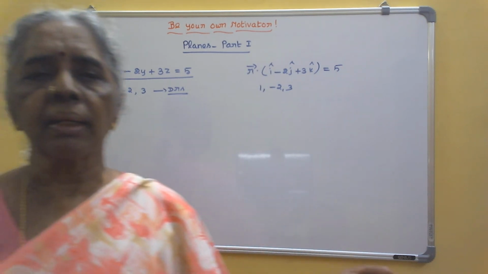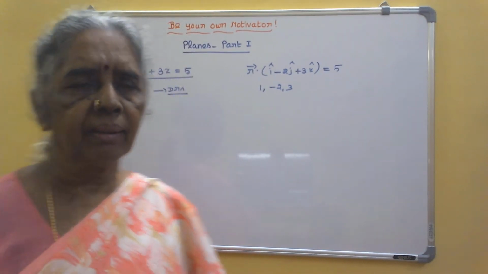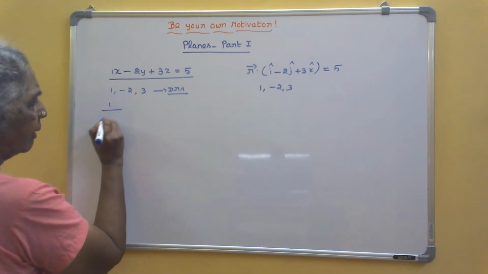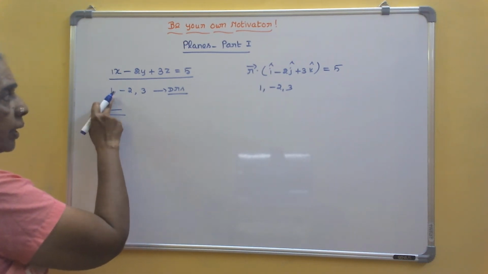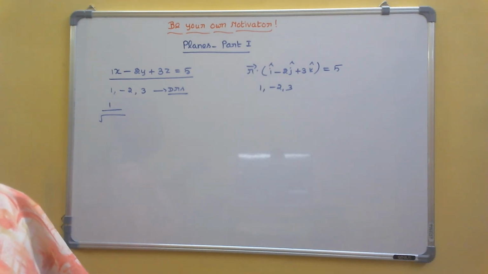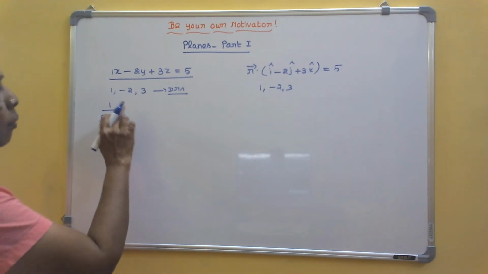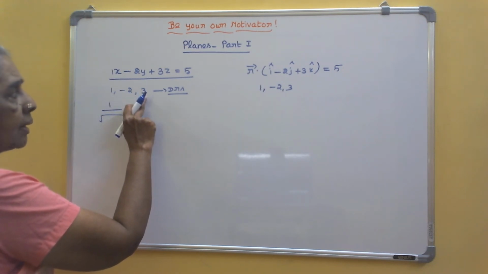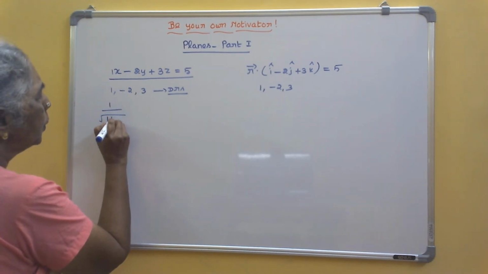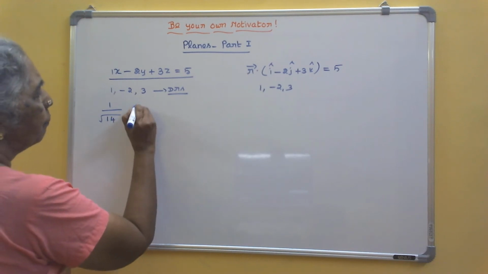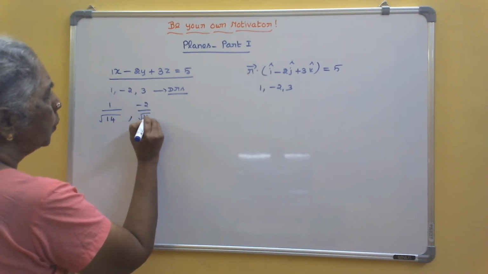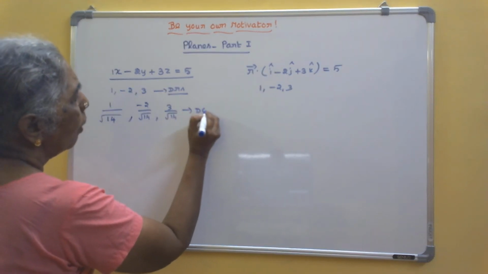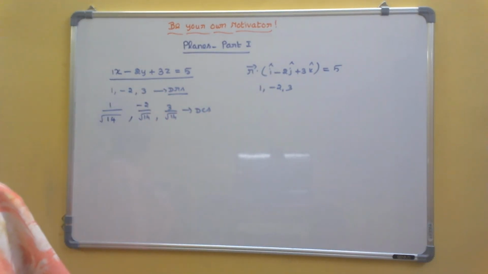Once you know the DRs, you can find the DCs, isn't it? Now, if I want to find the DCs, I will write 1 by root of 1 square plus minus 2 the whole square plus 3 square. So, what will I get? 1 plus 4 plus 9, right? So, I will be getting 1 by root 14, comma, minus 2 by root 14, 3 by root 14. They are the DCs of the normal to the plane.